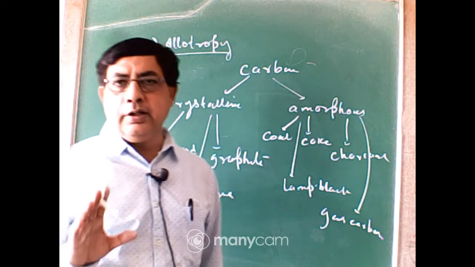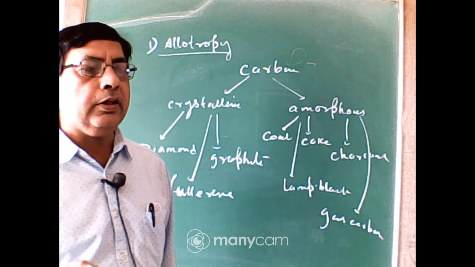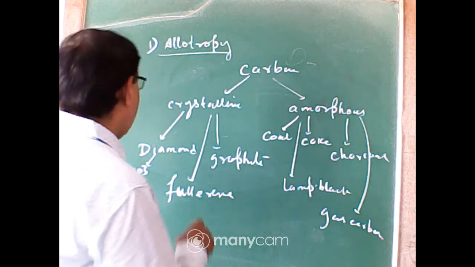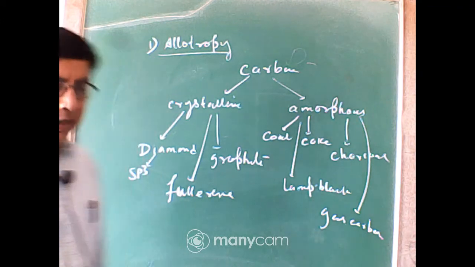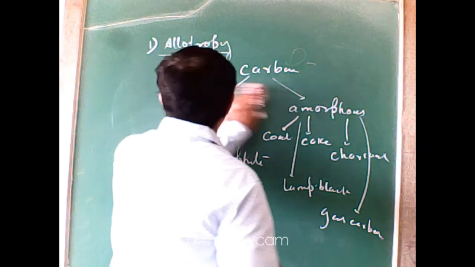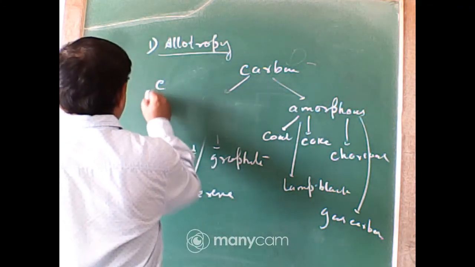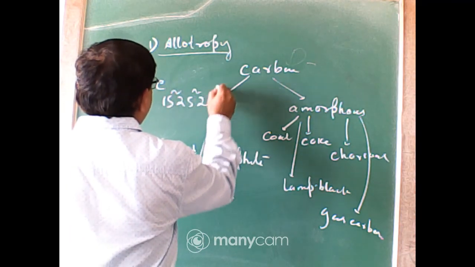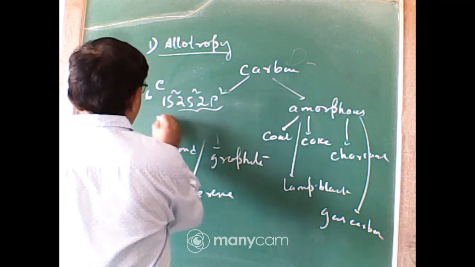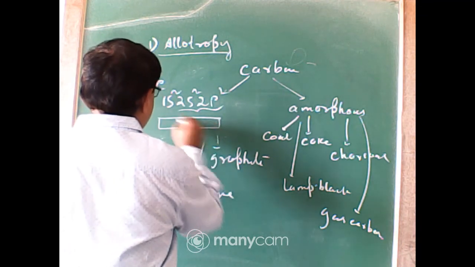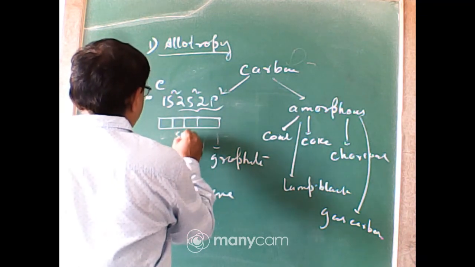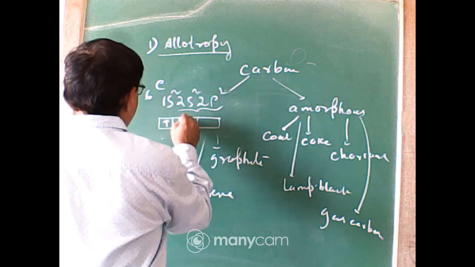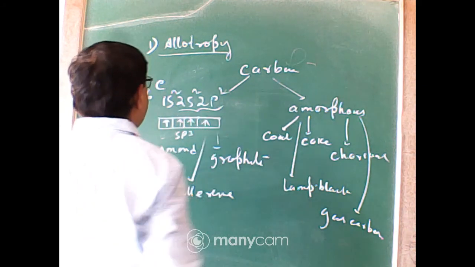Carbon has 6 electrons, with electronic configuration 1s2, 2s2, 2p2. The s and p orbitals undergo sp3 hybridization, so there are 4 hybrid orbitals, each containing 1 electron.